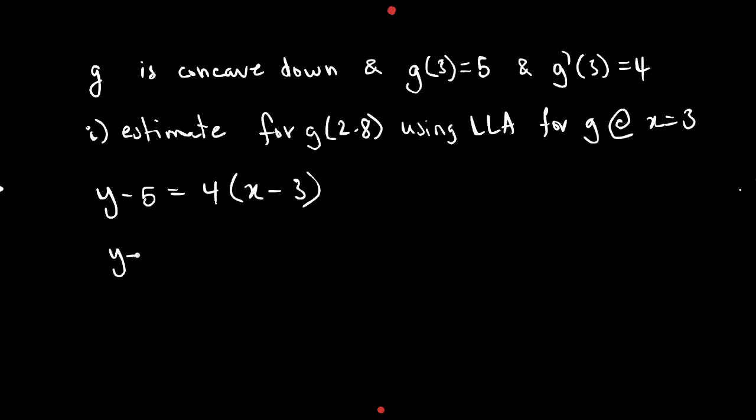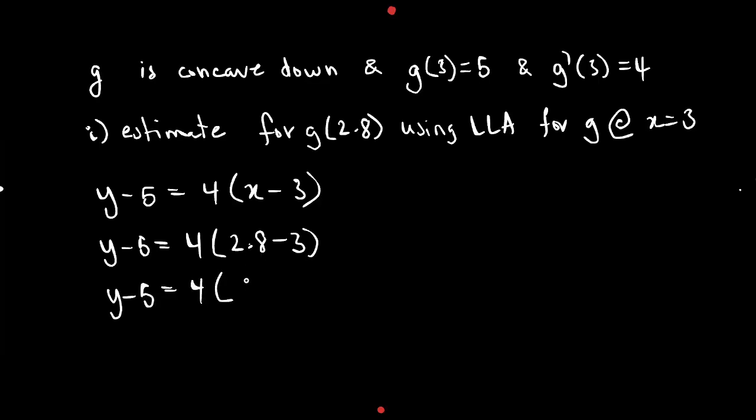We get y minus 5 is equal to 4 times 2.8, that's our value of x here, minus 3. So all we have to do here is solve for y, right? So y minus 5 is going to be 4 times negative 0.2.